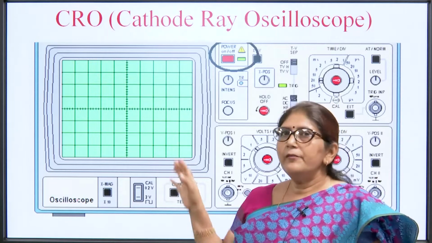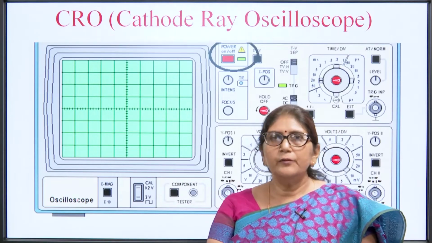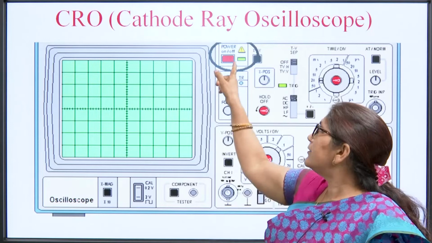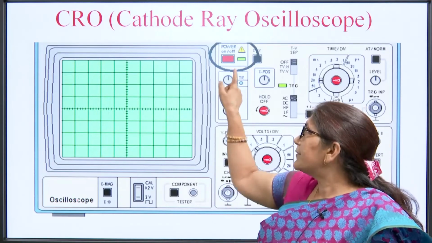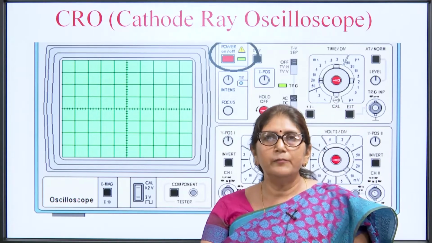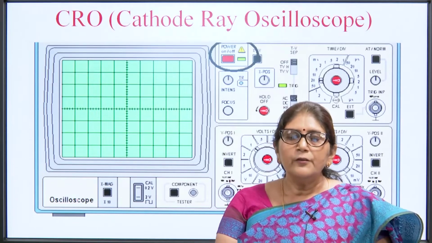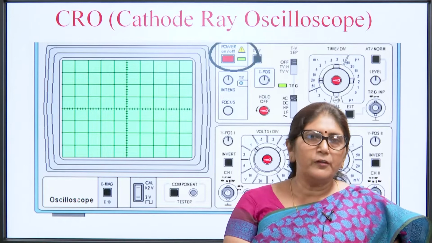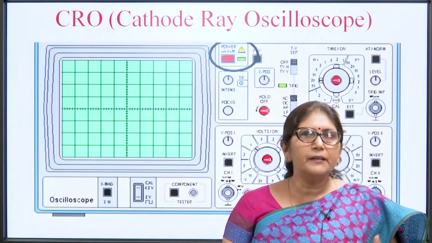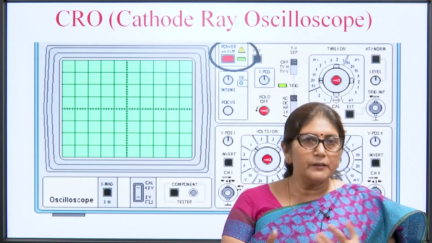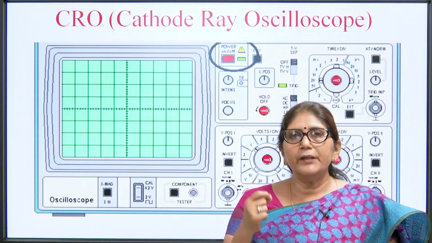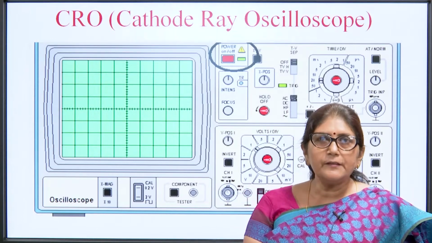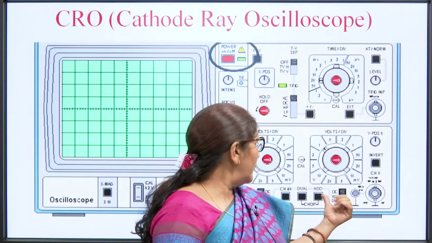When we want to use the CRO, the first switch is the on off switch. By pressing this switch, the CRO will be in the on state. After that, when we want to see a waveform or analyze the output of any circuit, we have to connect that circuit with a BNC connector to this knob.